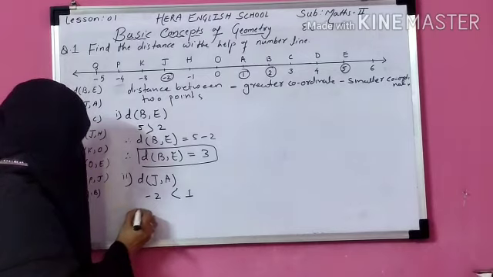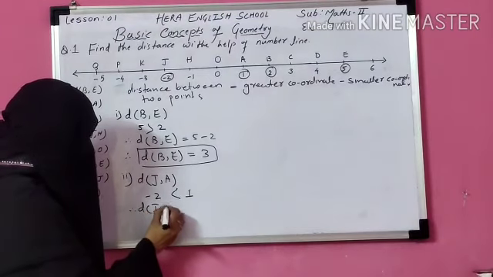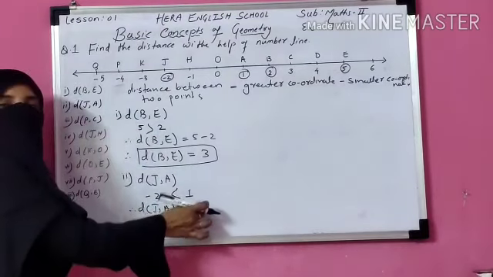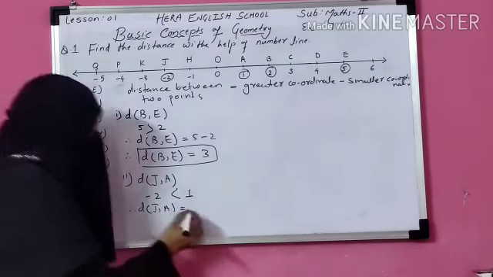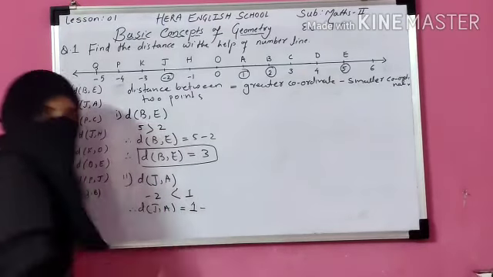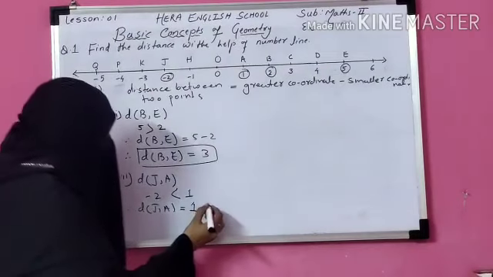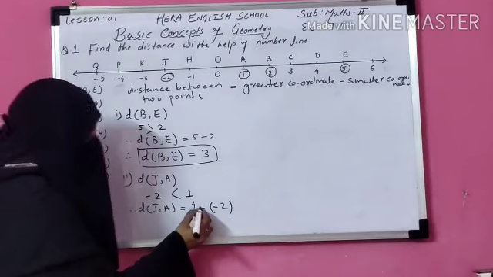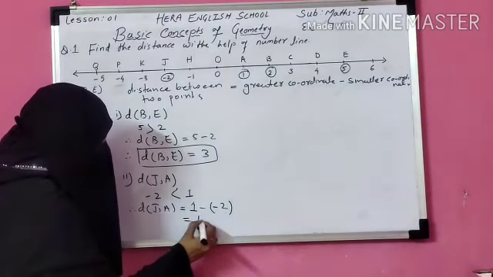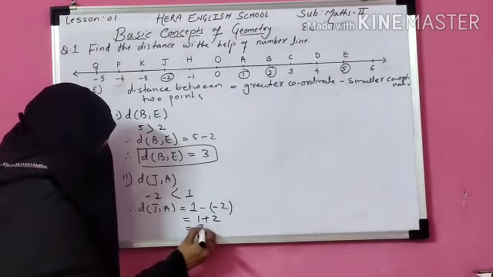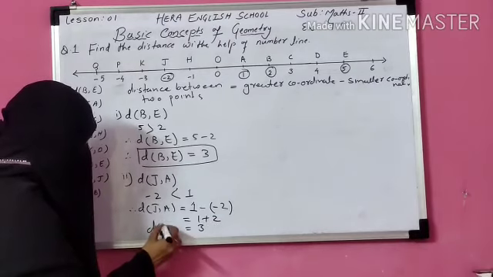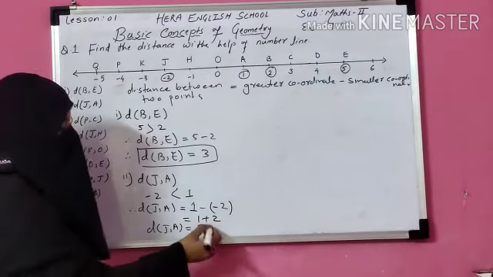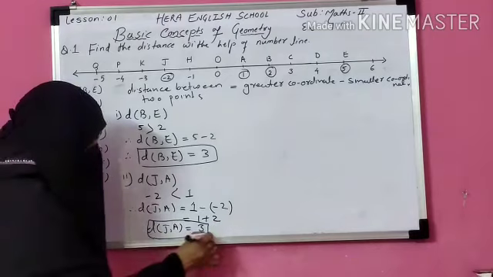So the distance between points J and A is equal to greater coordinate minus smaller coordinate, that means 1 minus (minus 2). Then minus minus becomes plus. So 1 plus 2, the answer is 3. So the distance between points J and A is equal to 3.